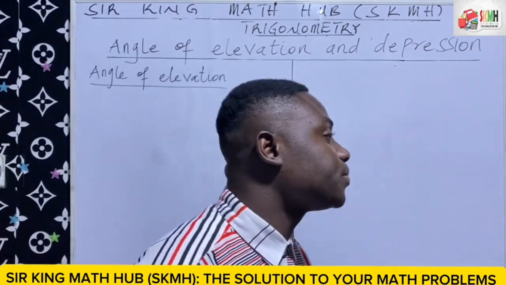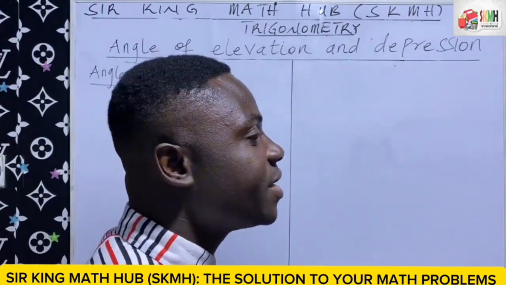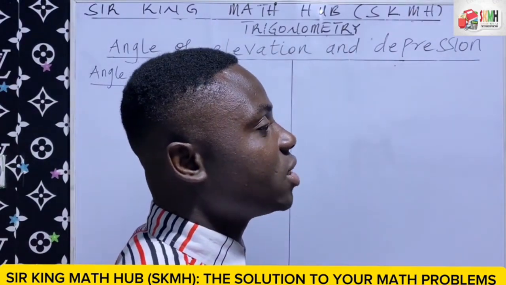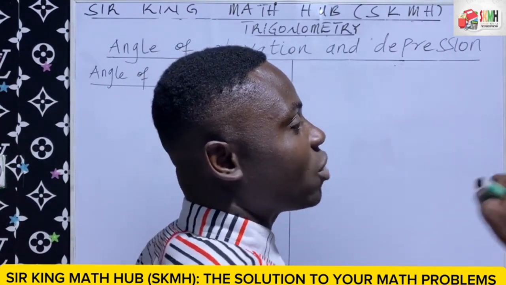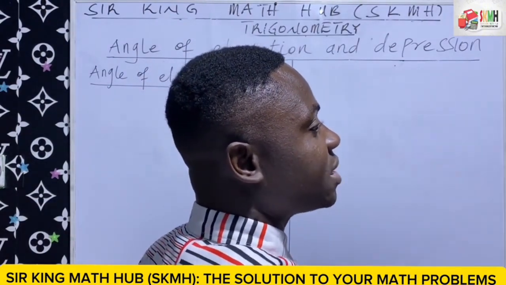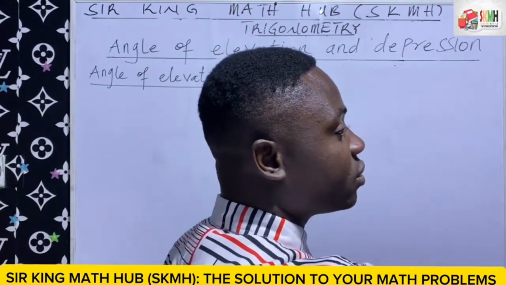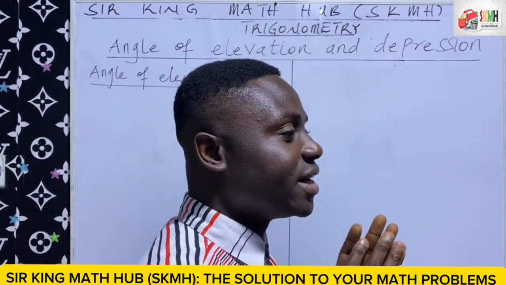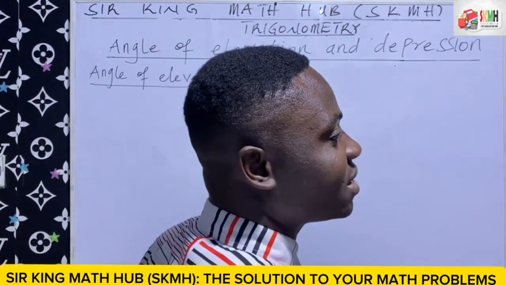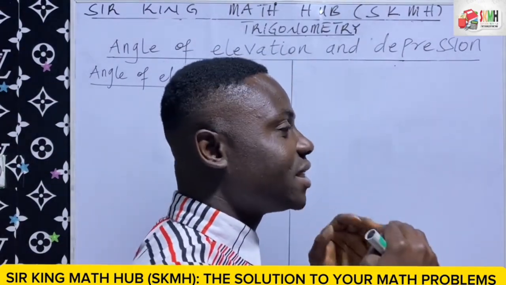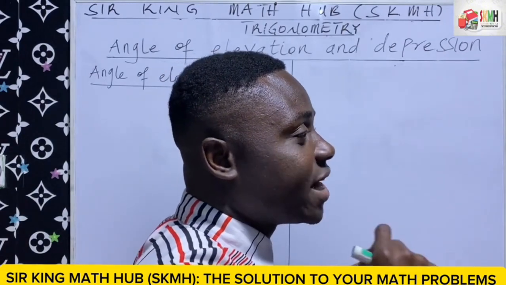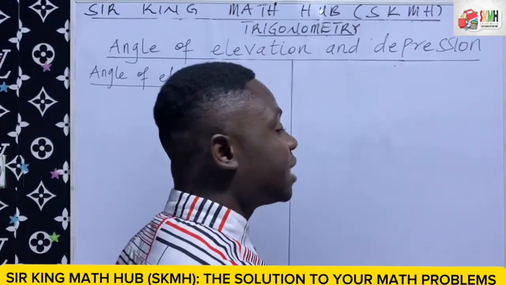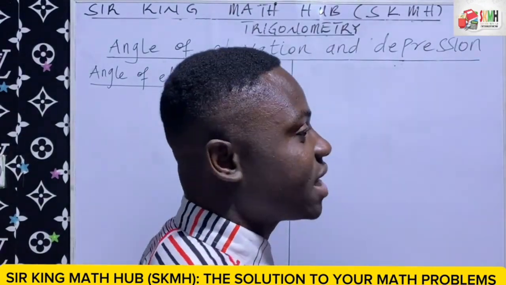Now, as humans, anytime we position our head in the normal position like this, and then we view an object in front of us, for us to be able to view this object, our eyes have to create something we call a line of sight. This line of sight connects our eyes and the object we want to view. Let me quickly represent this line of sight.